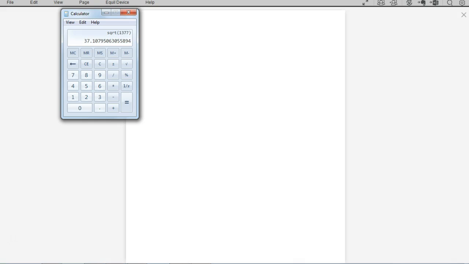So I have 37.1 as the new bottom, and the height of my triangle is 12. What I want to find, this is going to give me the diagonal I'm looking for, is this diagonal. This is going to be my C.